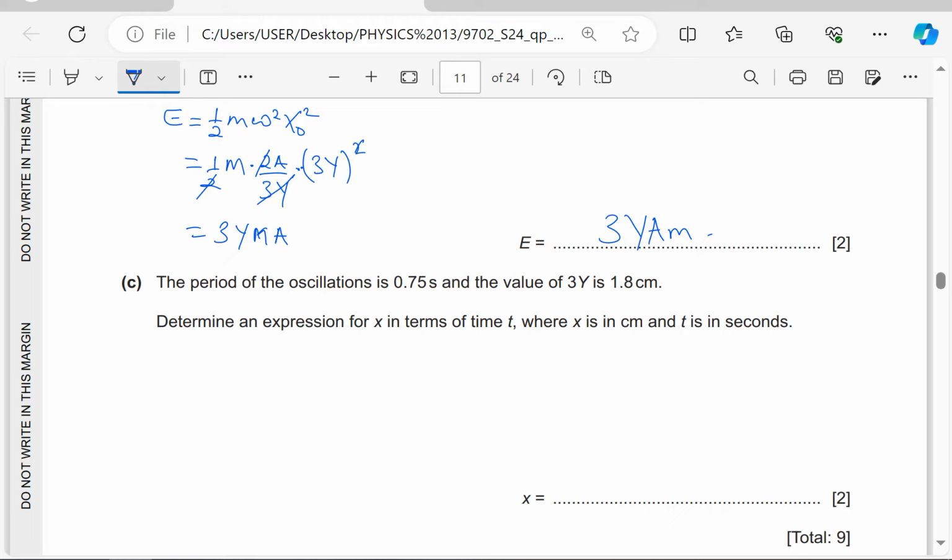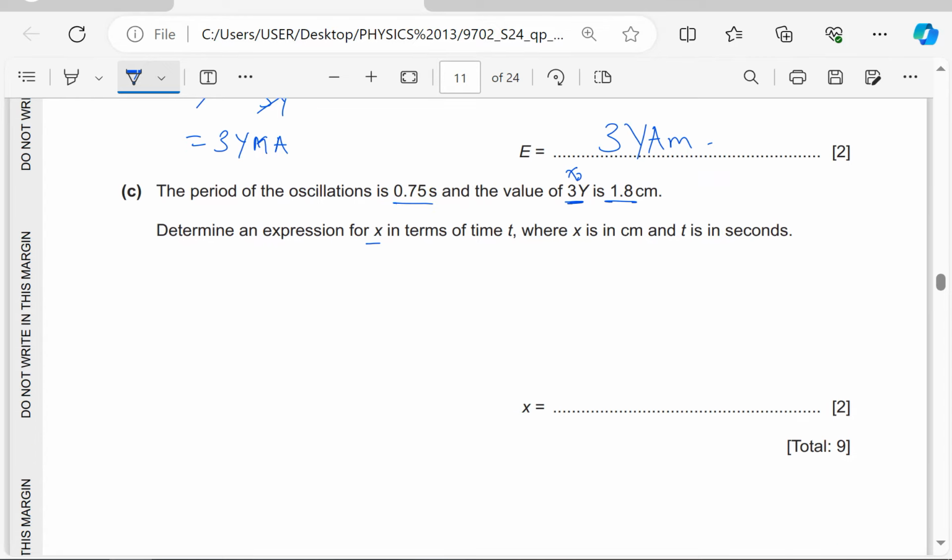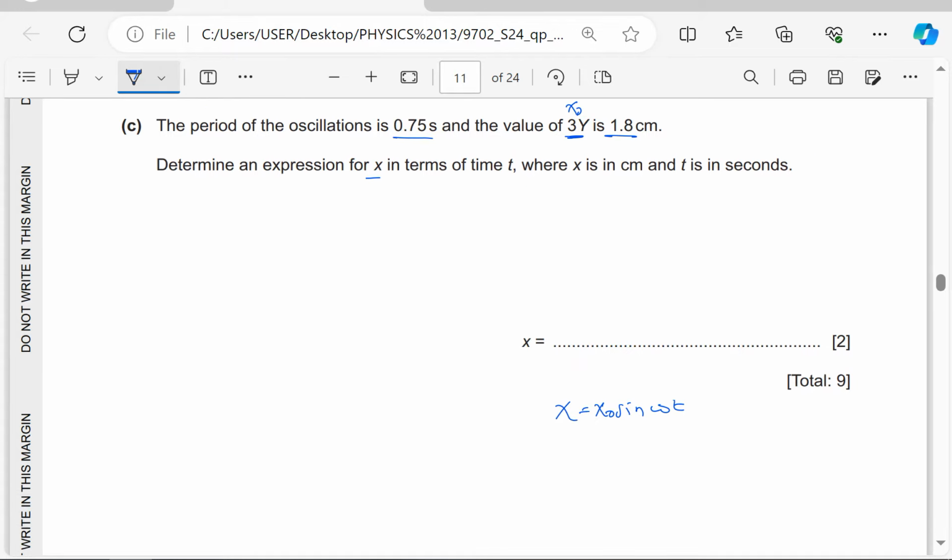Then the period of the oscillations is 0.75 seconds, and the value of 3y is 1.8 centimeters. Remember this was the amplitude. Determine an expression for x in terms of time t, where x is in centimeters and t is in seconds. They did not tell us when timing starts, so the expression can either be x equals x naught sine omega t, or x equals x naught cos omega t.